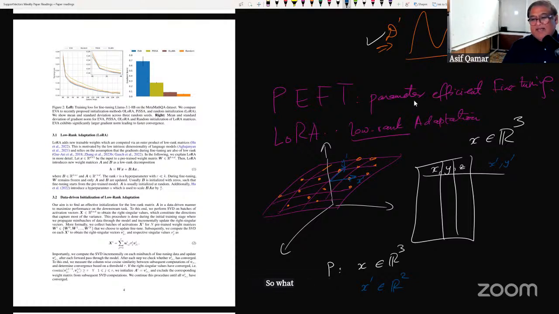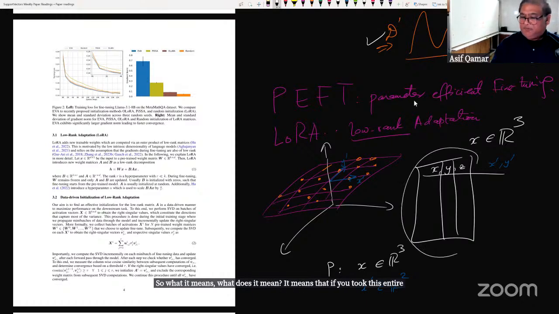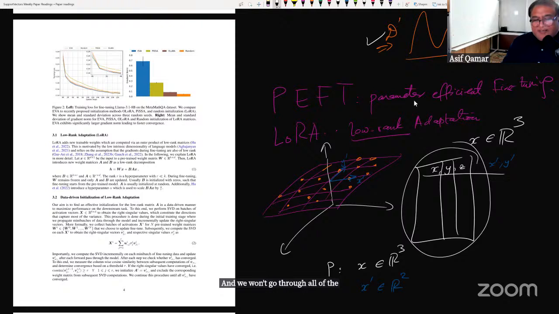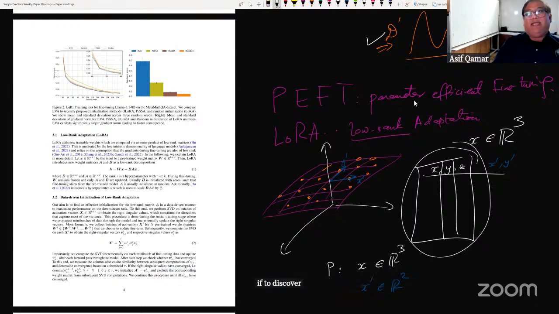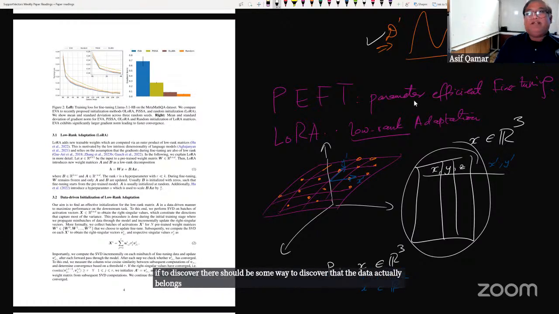What does it mean? It means that if you took this entire matrix of data, and we won't go through all of the details, but that's exactly the transformation we'll talk about in a little bit, there should be some way to discover that the data actually belongs to just a plane, two dimensions, right?